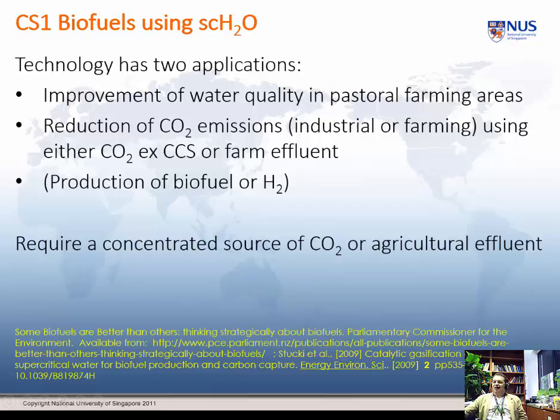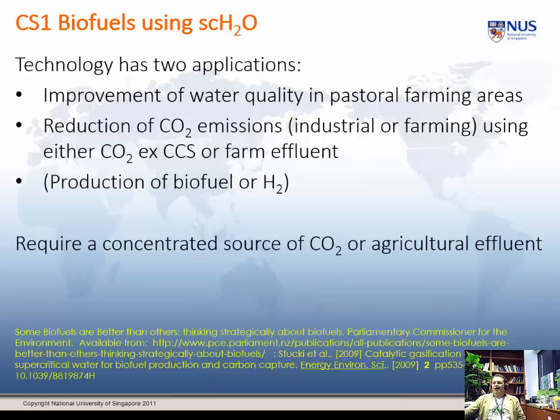Reduction in carbon dioxide emissions from either industry or farming, using either carbon capture and storage or using farm effluent, and the production of biofuel or hydrogen. These are particularly important in energy resources type studies, and in that module we're looking at these a little more closely. In all of the cases, what do you need to do it? You need a concentrated source of CO2 or agricultural effluent.